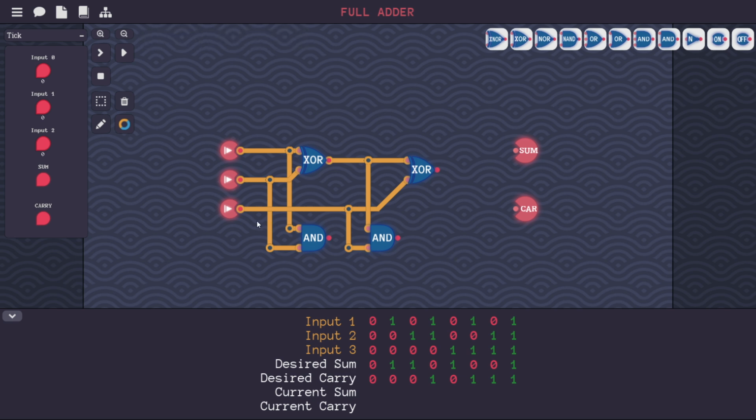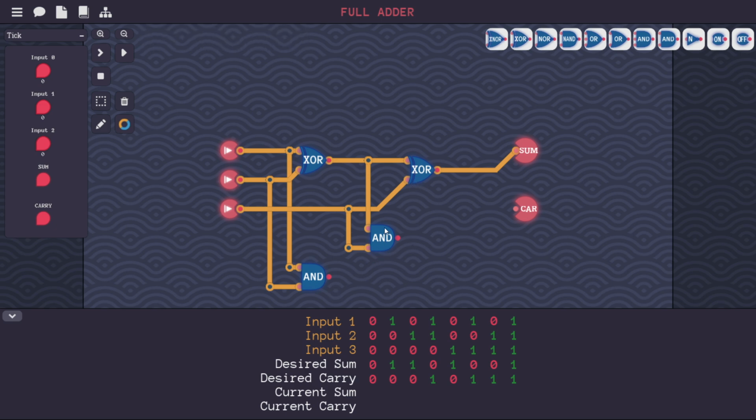And now we have 2 of these. We can now conclude that this is able to give us the sum, since it has already taken the 3 bits and XOR.